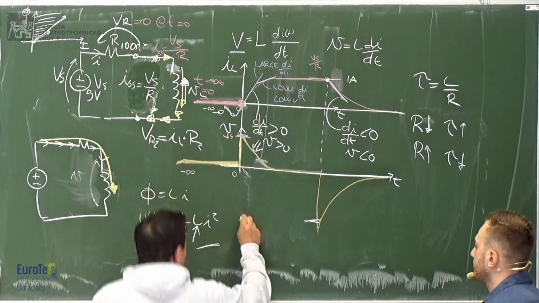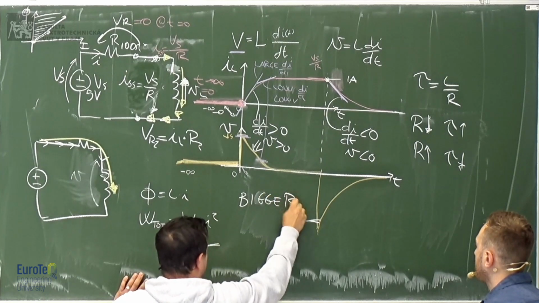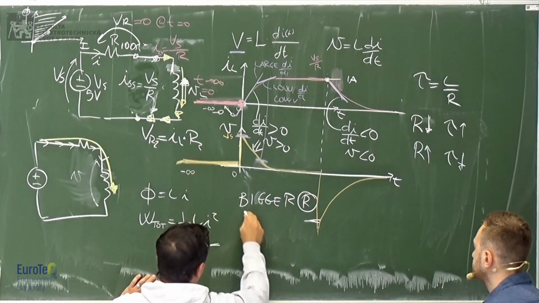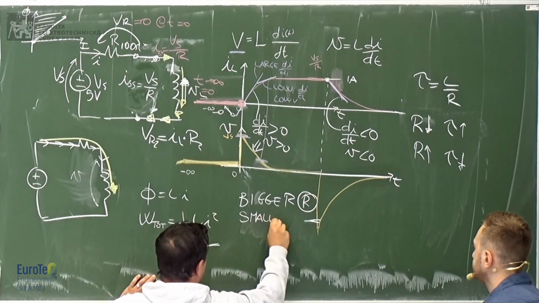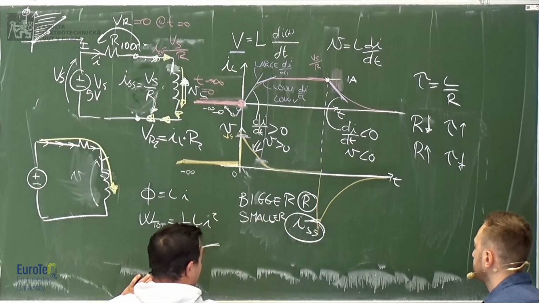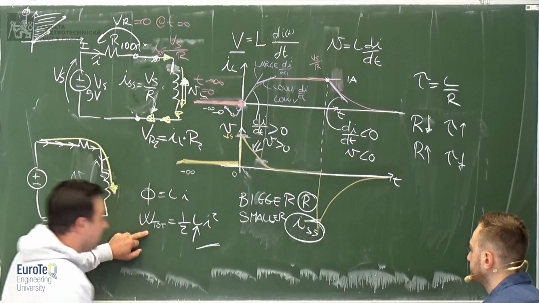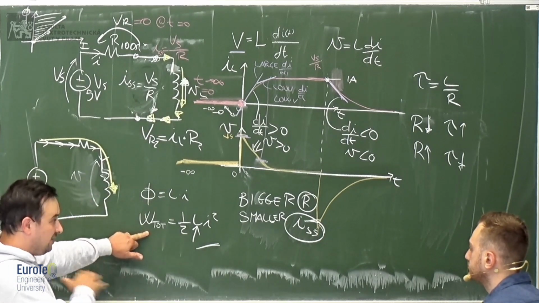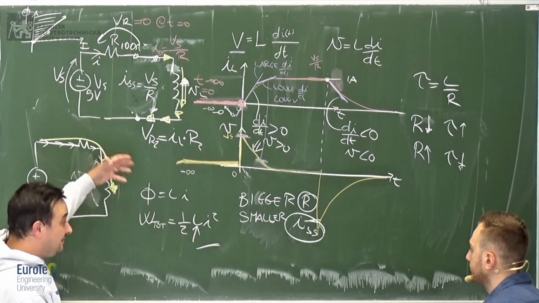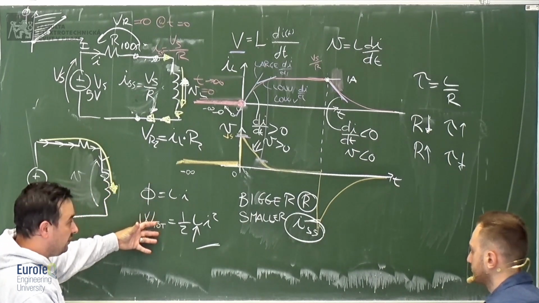So if you have a bigger resistance, you have a smaller current in steady state, correct? Which means that the total energy, for a given inductance, because the inductance now doesn't change, at the end of the charging or energizing process is going to be smaller, okay?